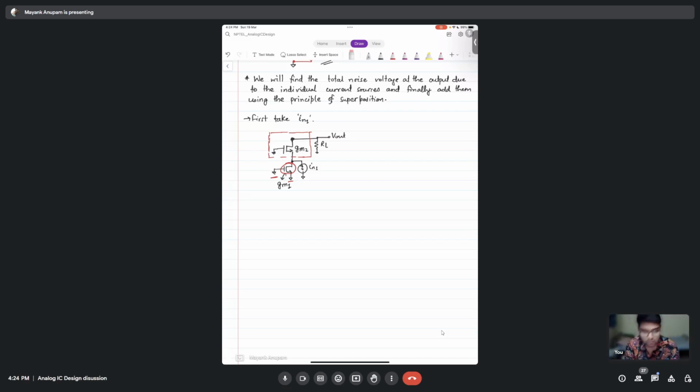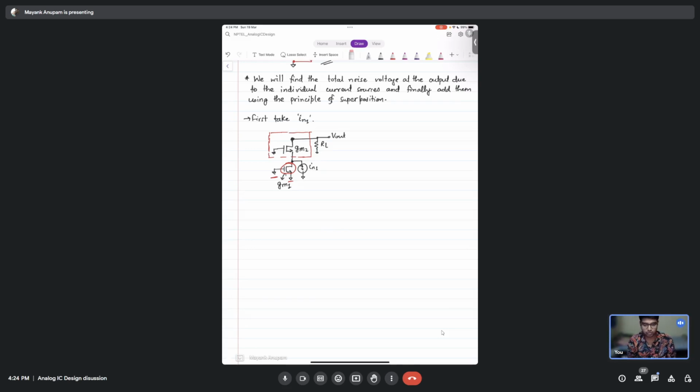Sir, I biased the transistor with 1 milliamp current, and we explicitly use VGS less than VTH, like 0.5 volts, and our VTN is 1 volt. Then the transistor will be in subthreshold. That is beyond the scope of this particular course.